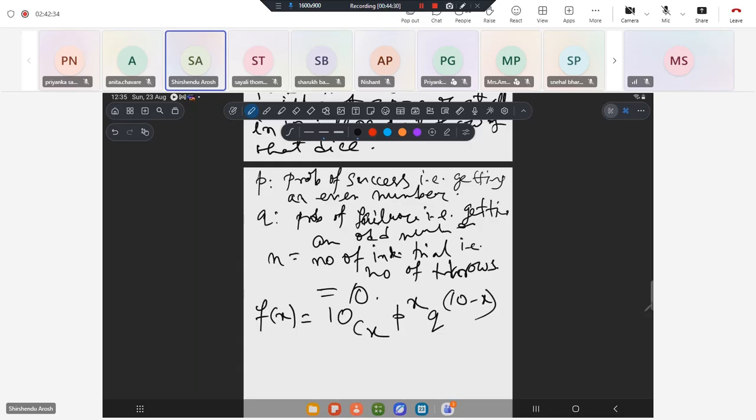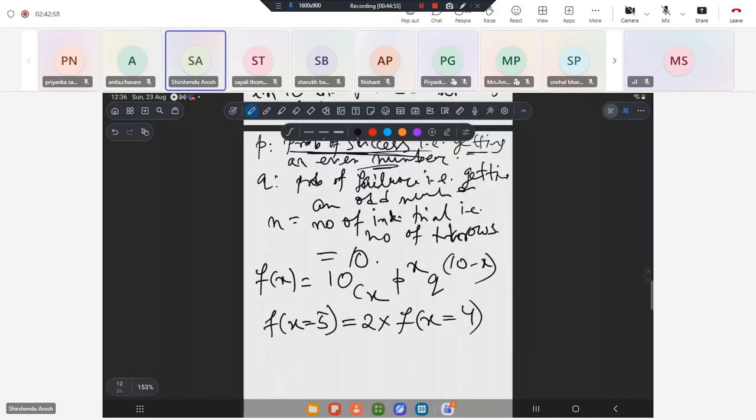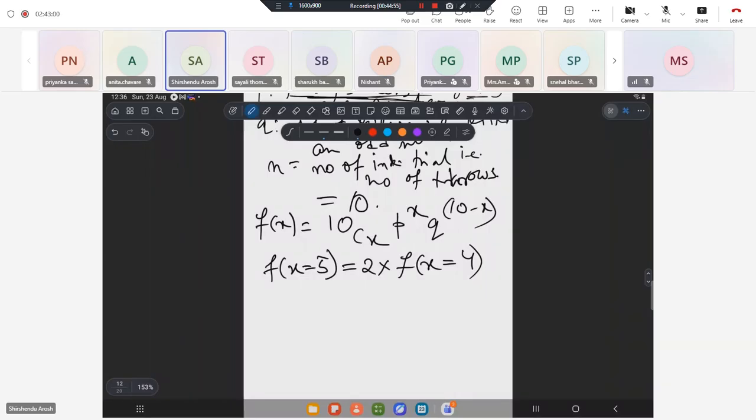Good enough. Now what is given? That in this particular scenario, getting an even number 5 times is twice the probability of getting an even number 4 times. That is given. So let's find out x is equal to 5.